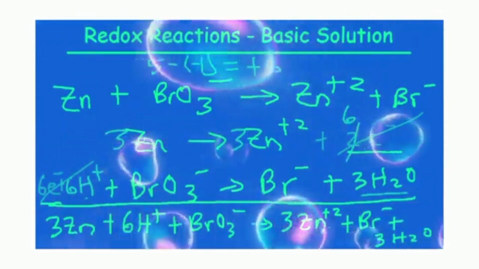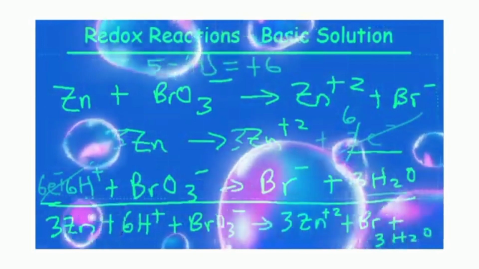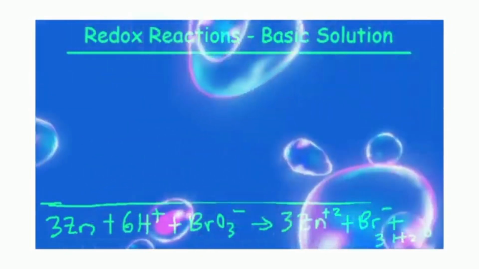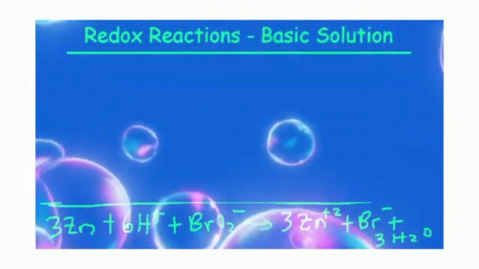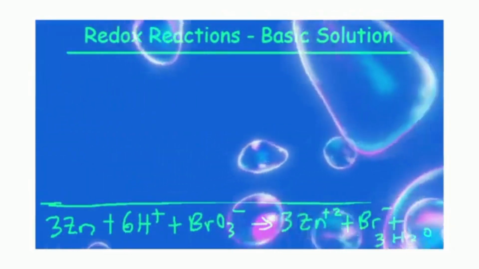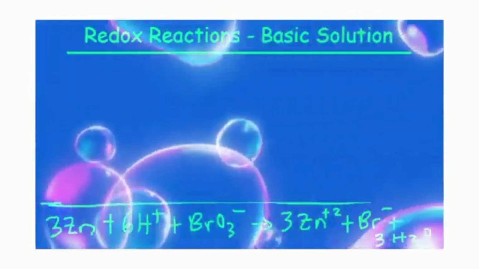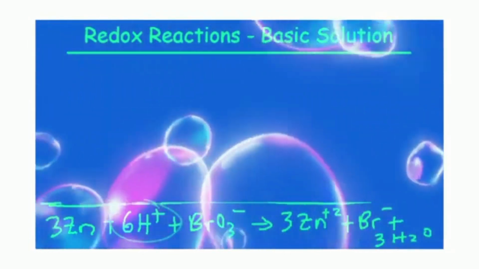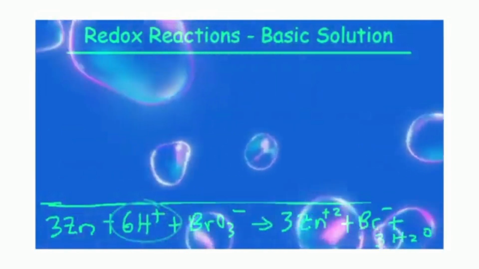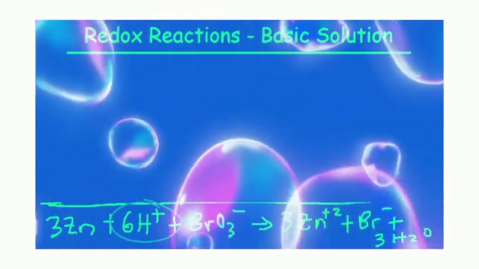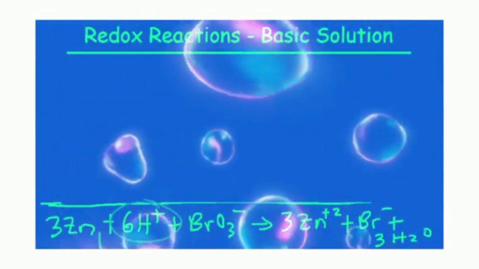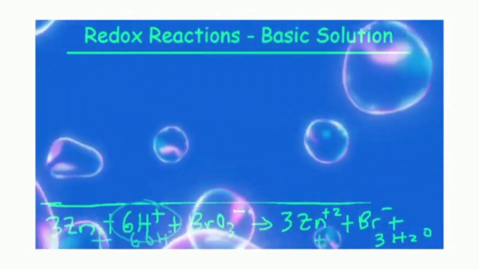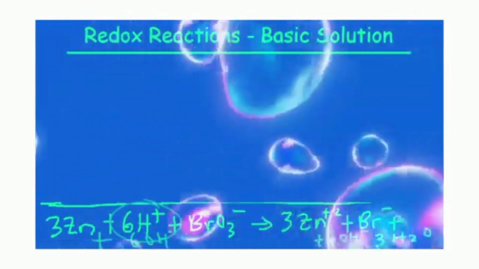Now to get the answer under basic conditions, we're going to add 6 hydroxide ions to both sides. The reason why we're going to add 6 is because we have 6 H plus ions. H plus OH minus will give you H2O. So let's add 6 hydroxides to the left side, and 6 hydroxides to the right side.